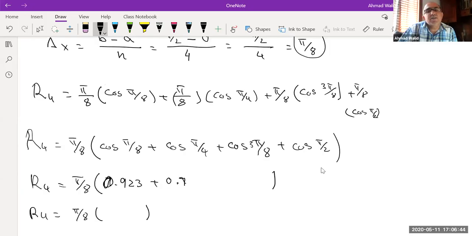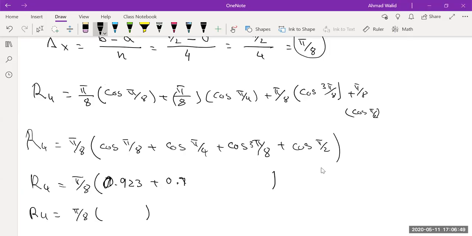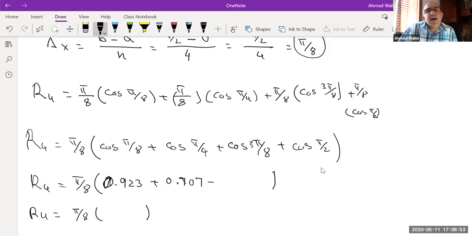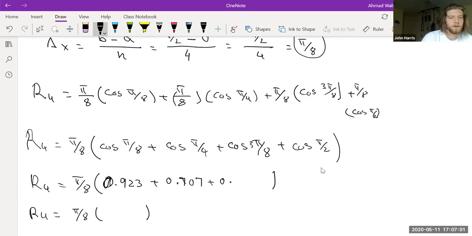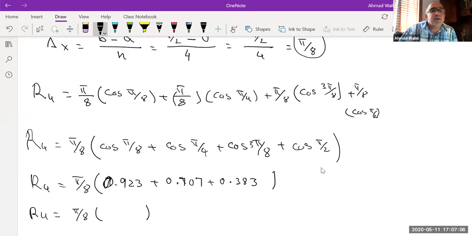At least two more digits. 0.707. And 3 pi over 8, please. 0.383. Now add these three numbers, please.